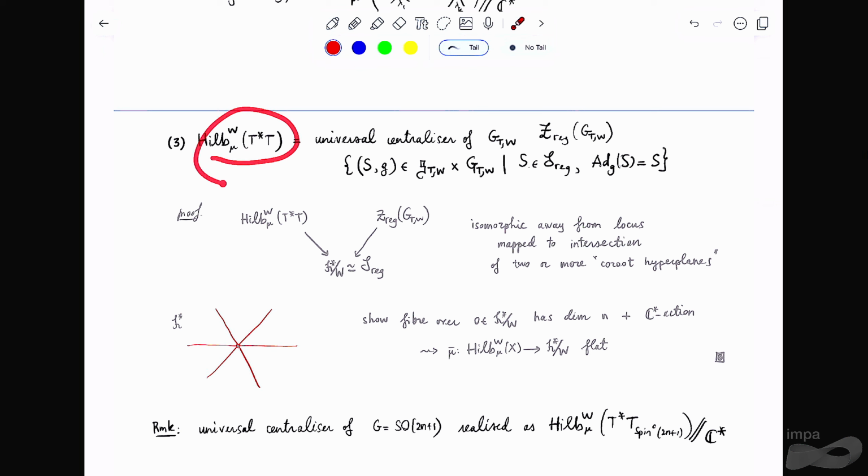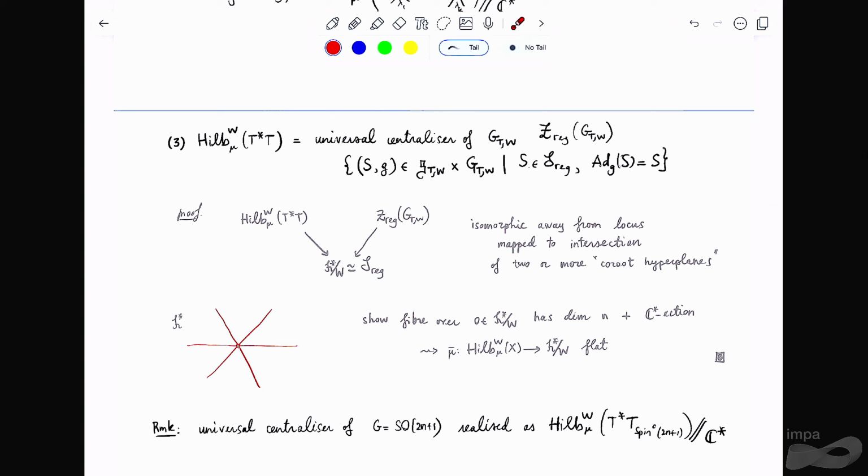You do this Hilbert scheme construction, and this actually gets identified with a natural smooth affine variety that arises in Lie theory, which is the universal regular centralizer of the associated complex reductive group. This is an element of a regular element in the Lie algebra together with an element in the group.